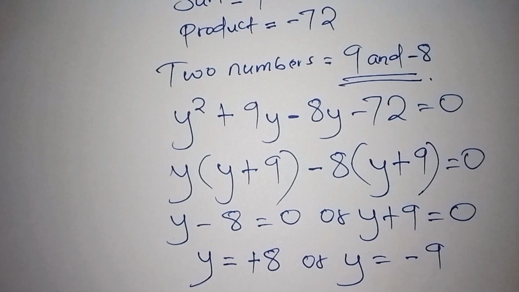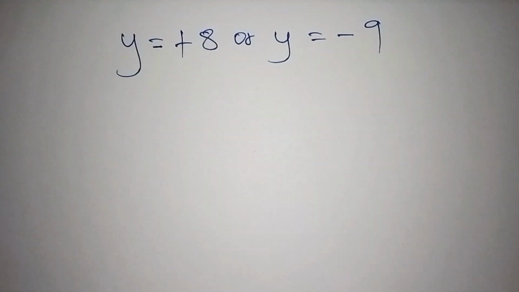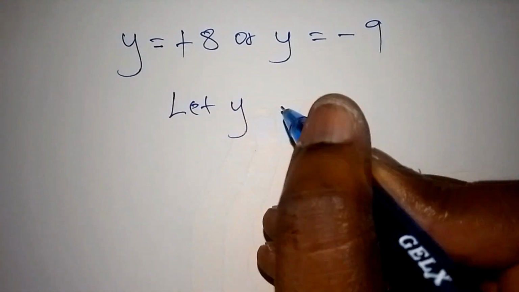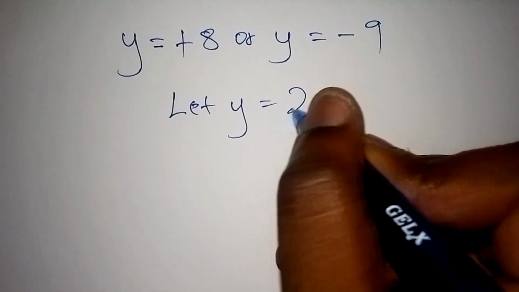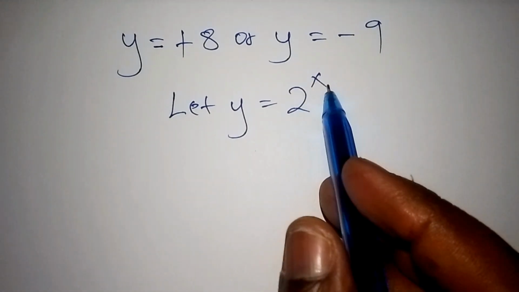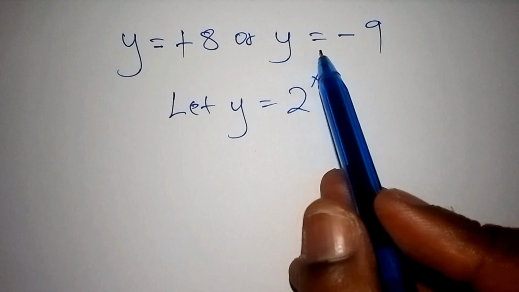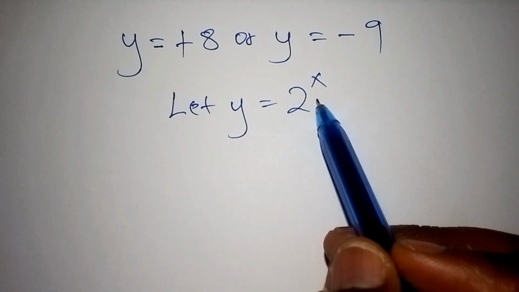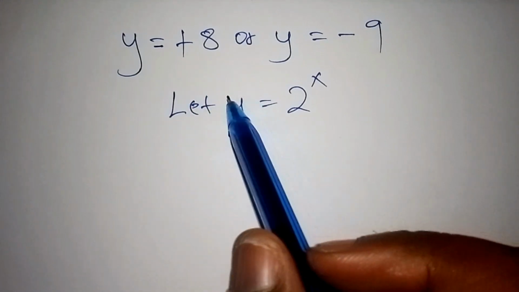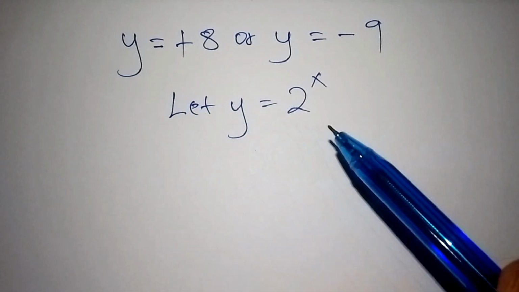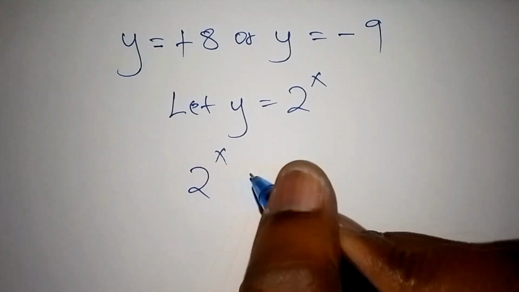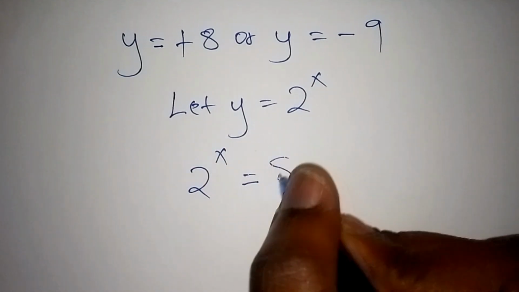Initially we said let y be equal to 2 to the power of x. This 2 to the power of x is a positive number, so we cannot pick negative 9 to represent it. We shall pick the positive number, which is 8. So we have 2 to the power of x is equal to 8.